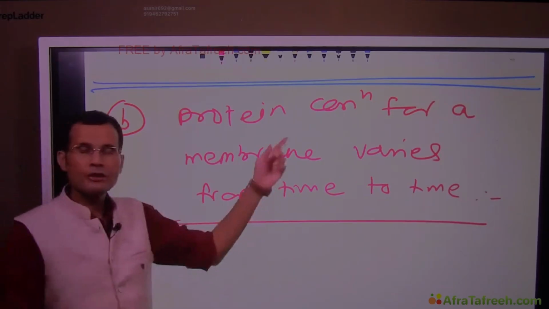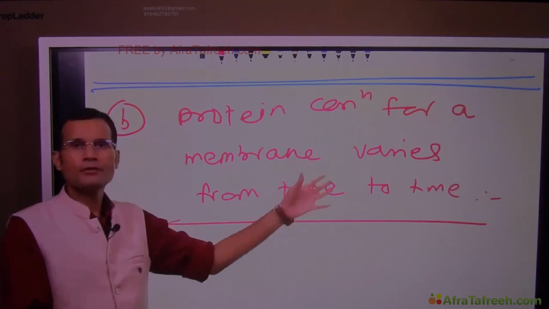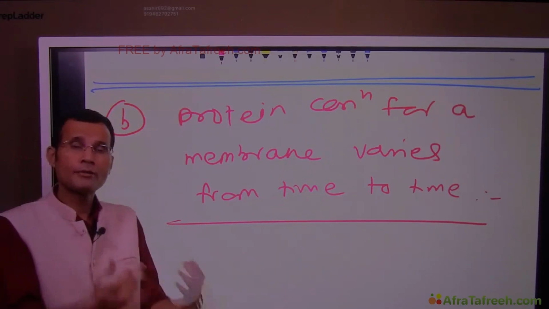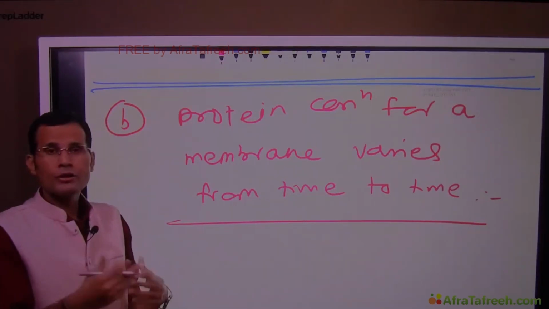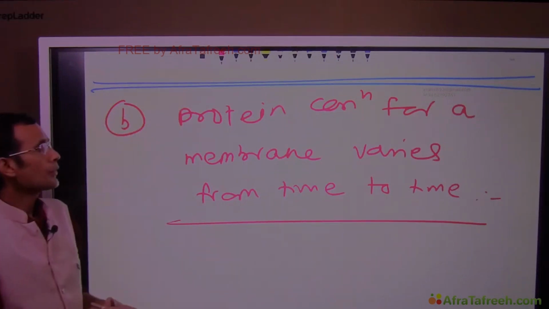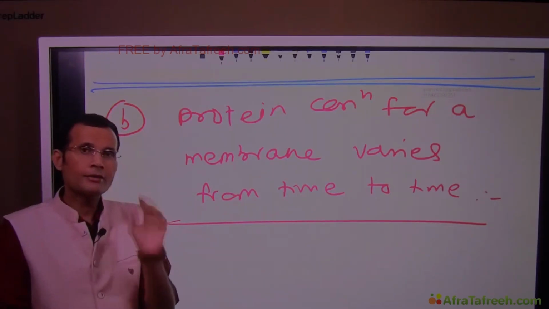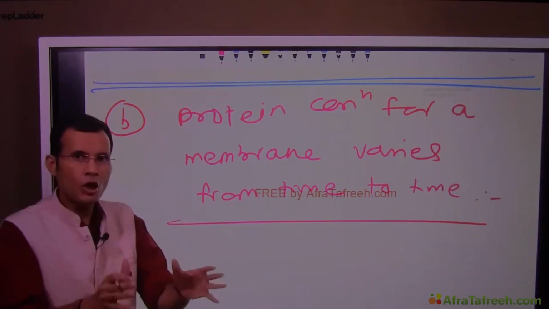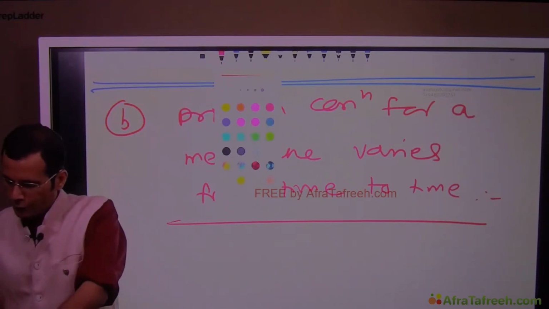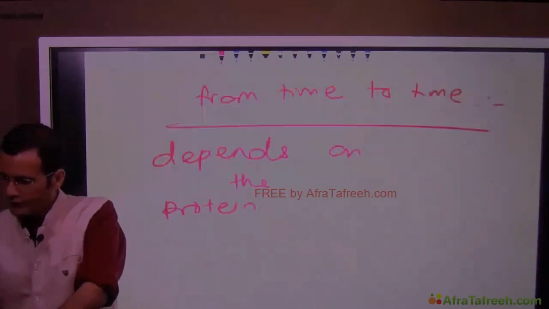The first point was, for any particular membrane there is a certain protein concentration, like the inner mitochondrial membrane has 76% proteins, or neuronal myelin has 24% proteins, but it's not fixed. For a particular cell and its membrane, the protein concentration will change from time to time, because it depends on the protein turnover rate for that cell.